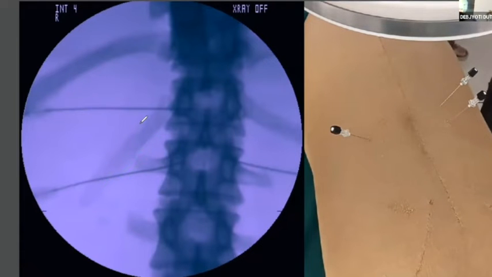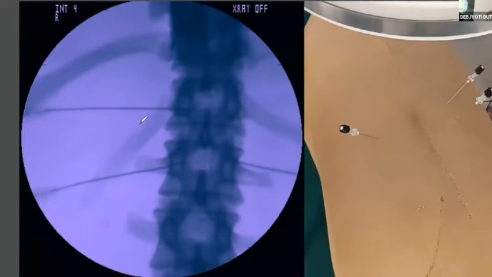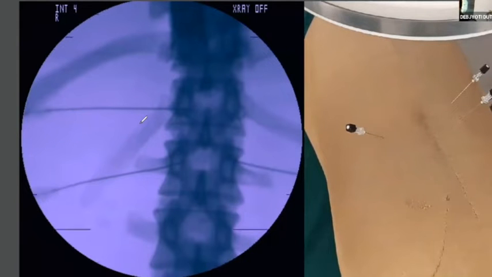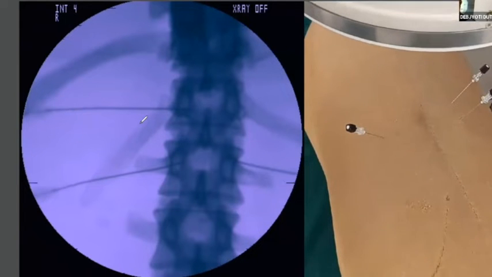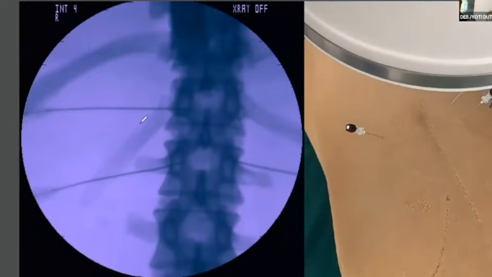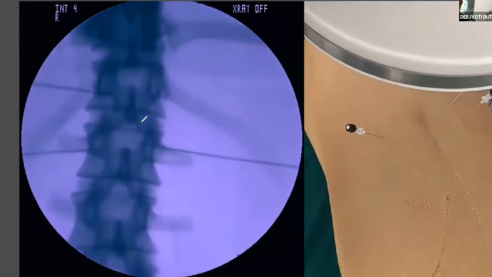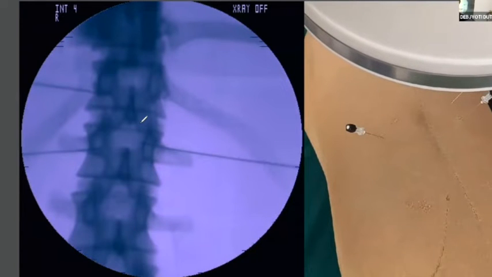First again the AP view, then end plate squaring. In the retrocrural approach, all those I was not doing anything; I was having it just through the AP view. That's all. So here I'll be making the end plate.